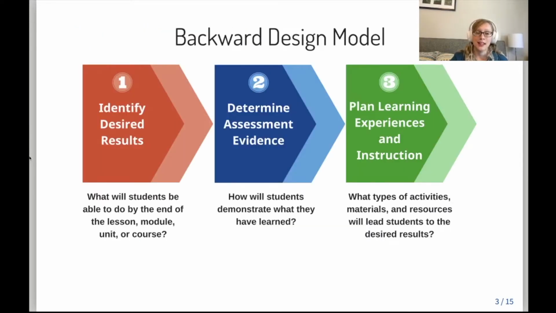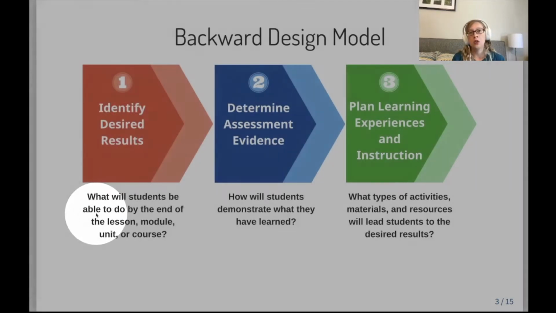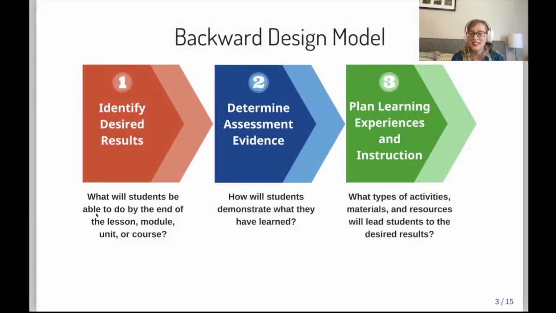When you're designing things backward, you go through a three-step process of first identifying what you want your students to be able to do. So what are the goals? For example, in a math stats course, one learning objective would be that my students can simulate data using a Poisson distribution and then use that simulated data to answer a research question.